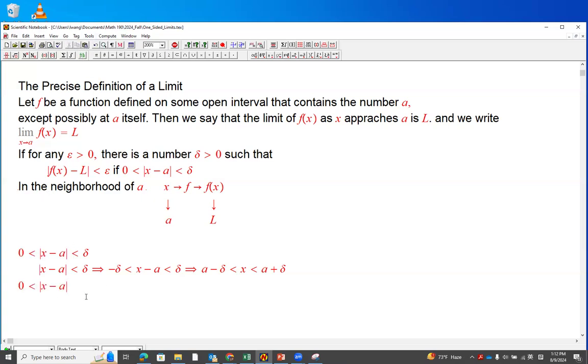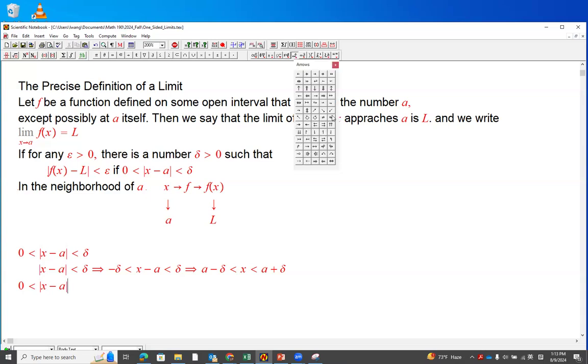It doesn't matter, right? For this to be greater than zero, we merely say x may or may not assume the value a. In this case, we don't mind if x is not equal to a. In a lot of cases, if a is not defined, it's okay. So that's what this condition is for.